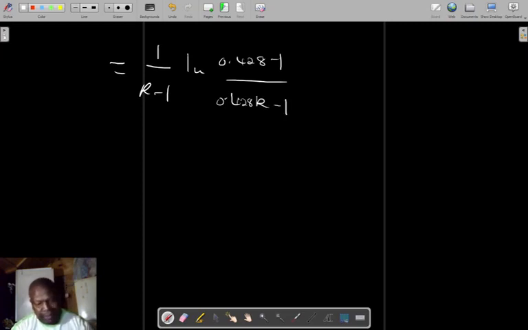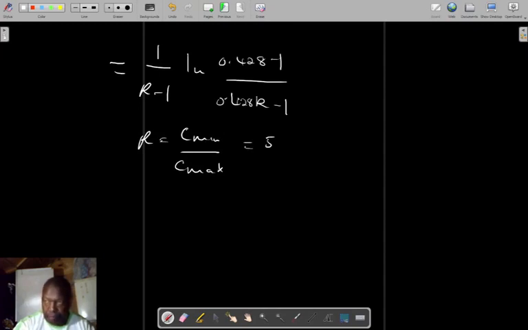We didn't calculate R yet. So what is our R? Our R is equal to C minimum divided by C maximum, which is equal to 5.02 divided by 8.62, which is equal to 0.582.